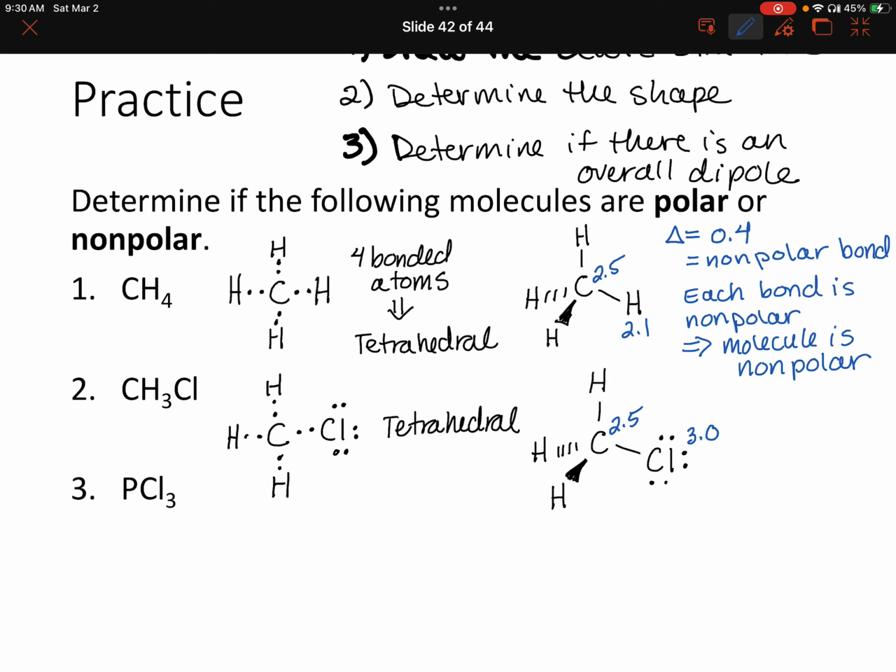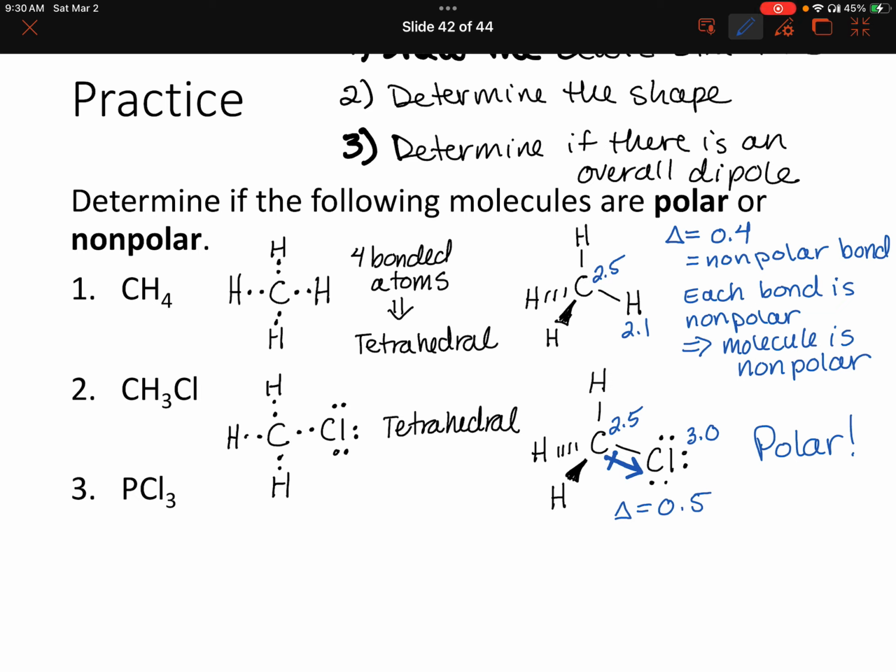So the difference is 0.5, which means that this bond is polar. So actually, electrons in this molecule are going to hang out with chlorine more often than carbon or any of the hydrogens. So this is going to give the molecule an overall dipole moment, which means that this molecule is polar.